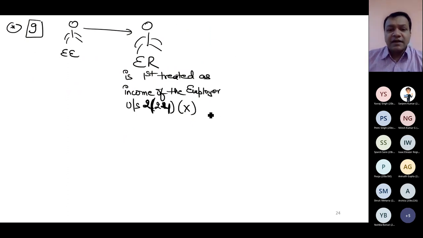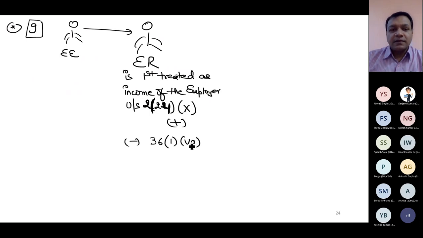After this, the employer will first add this as income, then he will deduct this as expenditure under section 36, subsection 1, clause 5A. Suppose the employee has given 10,000 rupees.